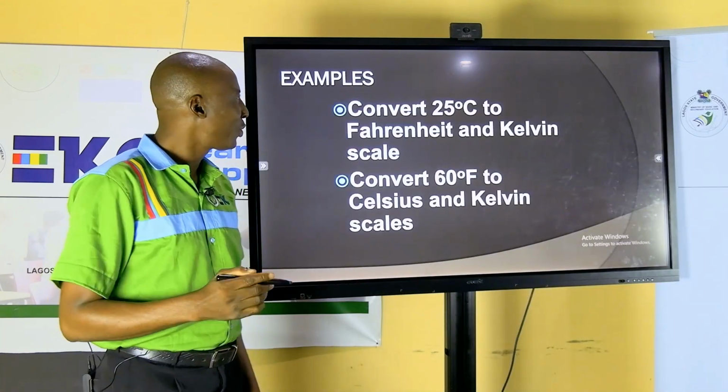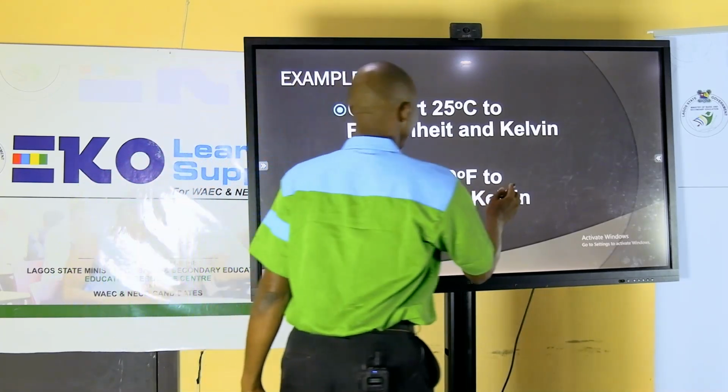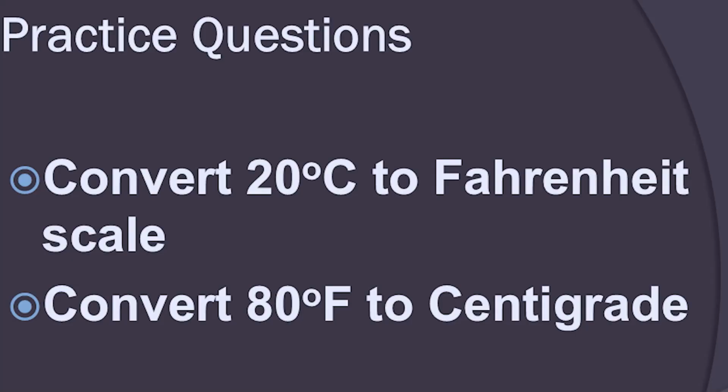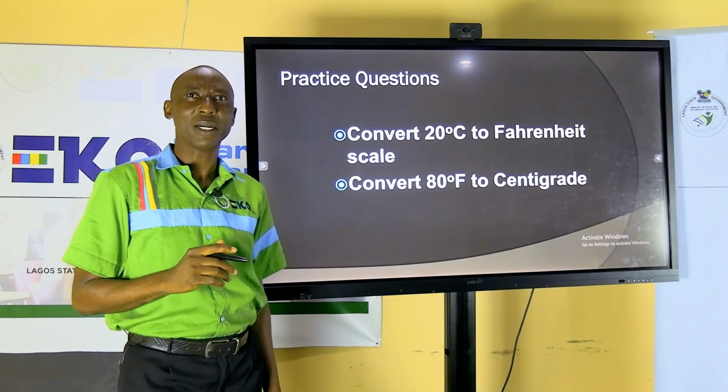Having done that, let's go into practice questions, and I'll give you 30 seconds to do that. 1. Convert 20 degrees centigrade to Fahrenheit scale. 2. Convert 80 degrees Fahrenheit to centigrade scale. I will give you 30 seconds and I'll be right back.